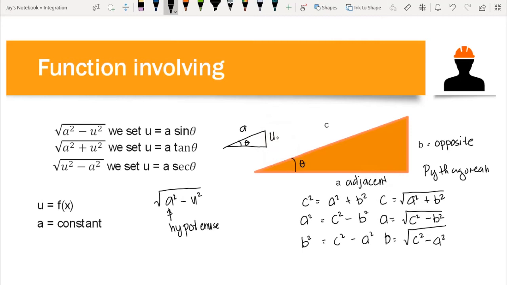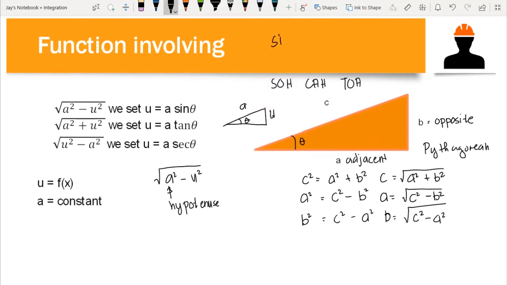Now, if we create a trigonometric identity from this triangle, from our SOHCAHTOA, if you remember, sine theta is equal to opposite over the hypotenuse, correct?